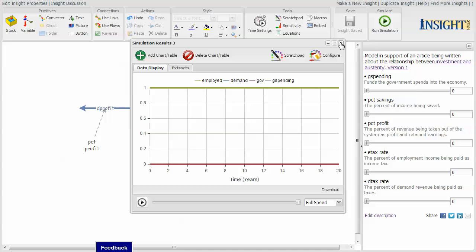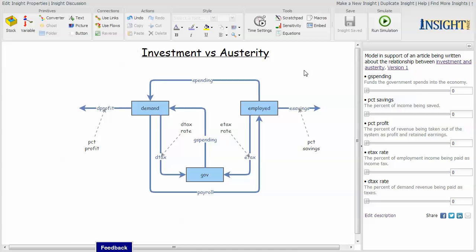They're set to 1. The model is set up with unit values because I don't want to get all wrapped up in what the actual values are. I'm interested in better understanding the implications of the relationships as opposed to the actual values of things. So if that is the main economy loop, the employed and the businesses are paying taxes based upon some percentage of their income and some percentage of their profits.